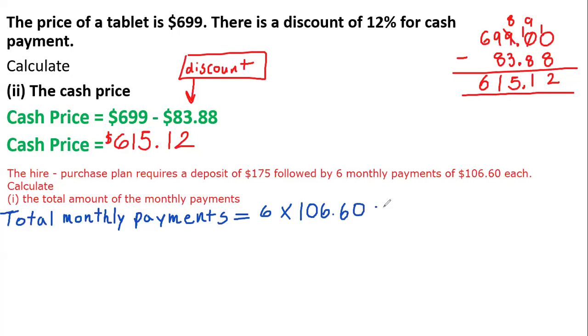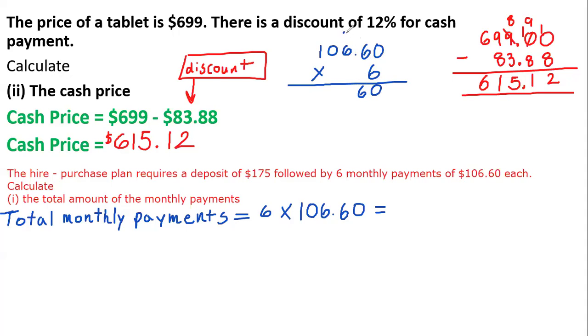And so we multiply those two. What do you get when you multiply them? 106.60 multiplied by 6. 6 times 0 is 0. 6 times 6 is 36.